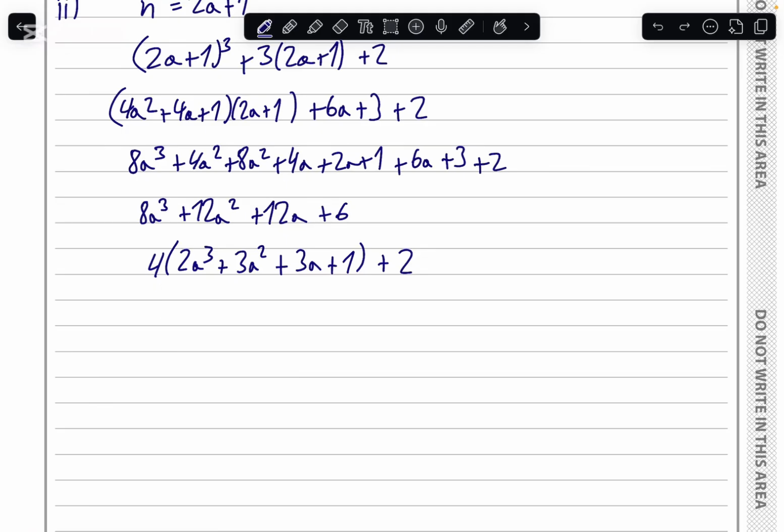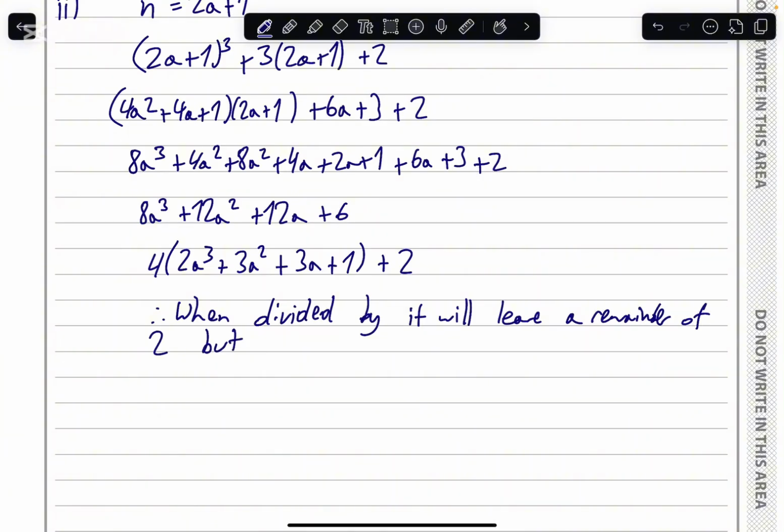However, all this can be factorized by 2, so it is divisible by 2, and an even number is a number that is divisible by 2. Therefore, when divided by 4, it will leave a remainder of 2, but it will always be even.